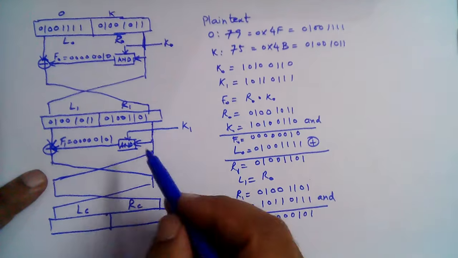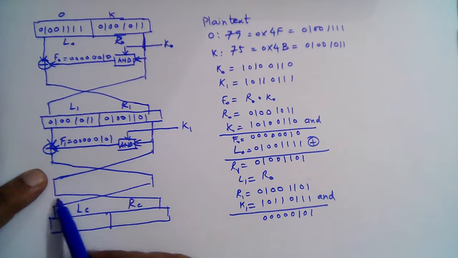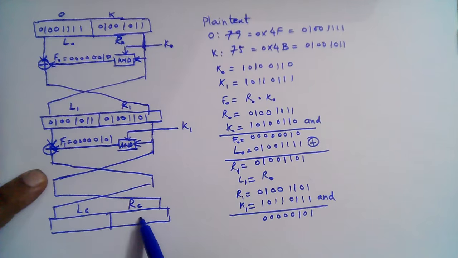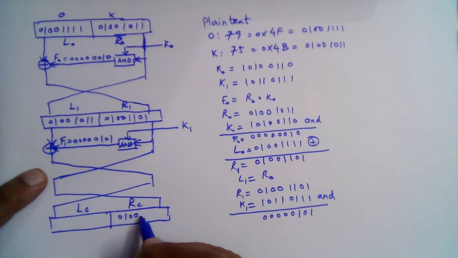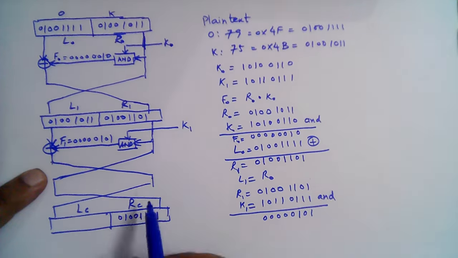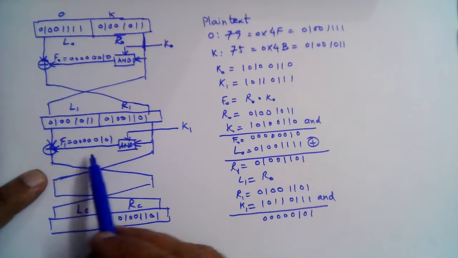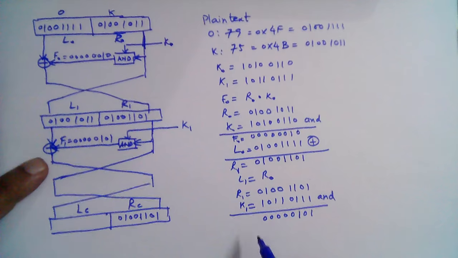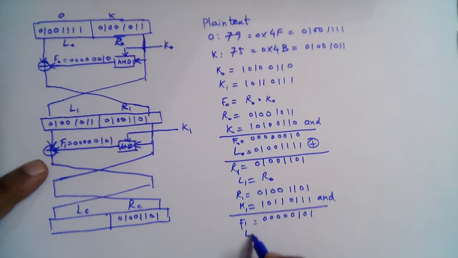So this part here is the right part, 0 1 0 0 1 1 0 1. So this is the right half of the ciphertext, and the left half just needs to go through this XOR operation yet. So this was F1, and this is to be XORed with L1.